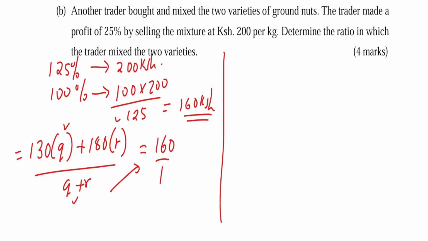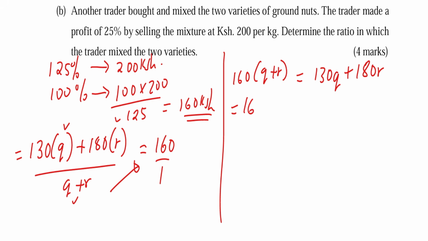So this bottom one you will multiply here. So you'll be taking 160 times Q plus R equal to 130 times Q, which is 130Q, plus 180R. So open up the Q plus R, it will be 160Q plus 160R, which is equal to 130Q plus 180R.